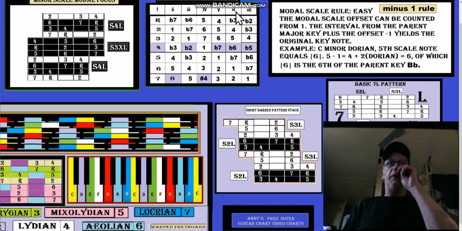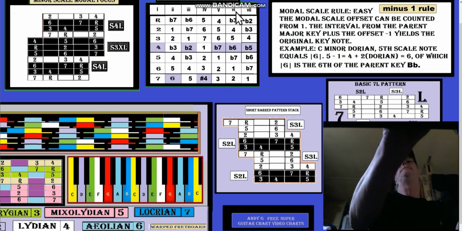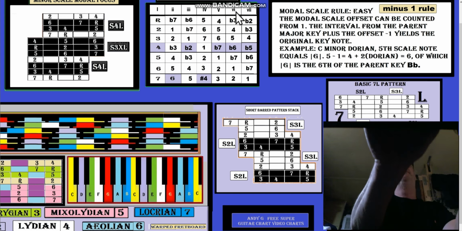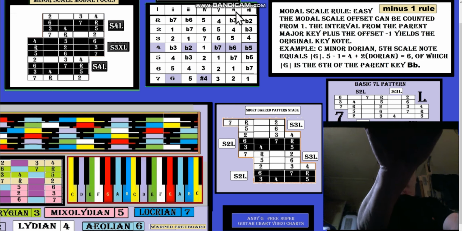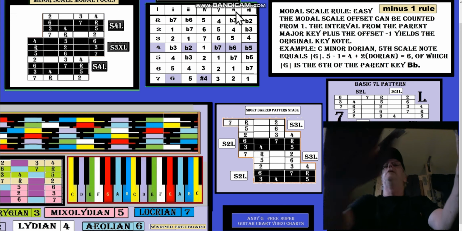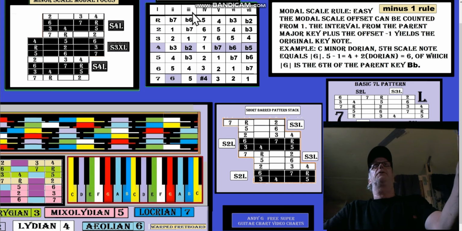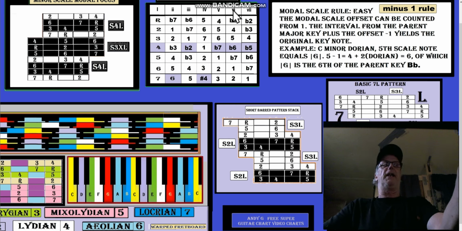Let's say you're playing E minor, just the triad, 1, 3, 5, octave. How do you know if that minor is a second minor, third minor, or a sixth minor? You can't tell just with the triad. You have to add some more notes.